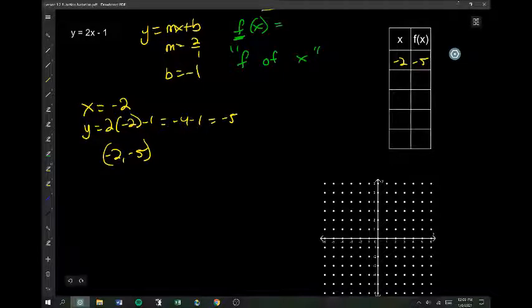F of x just means y. Really, it means your output. F of x is telling us what the output is. So I can take the equation y equals 2x minus 1 and write it as f of x equals 2x minus 1.